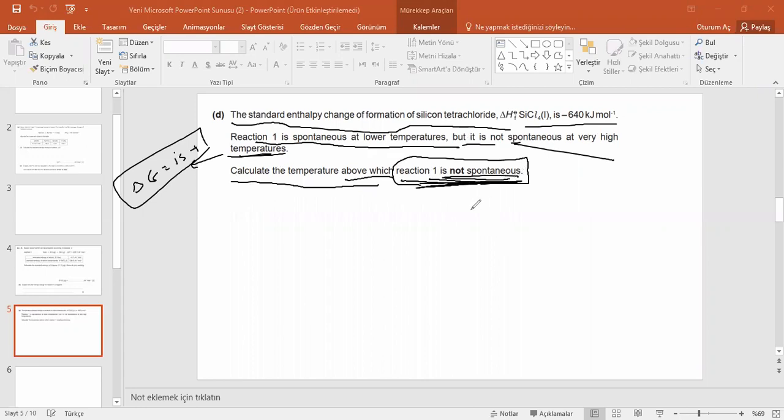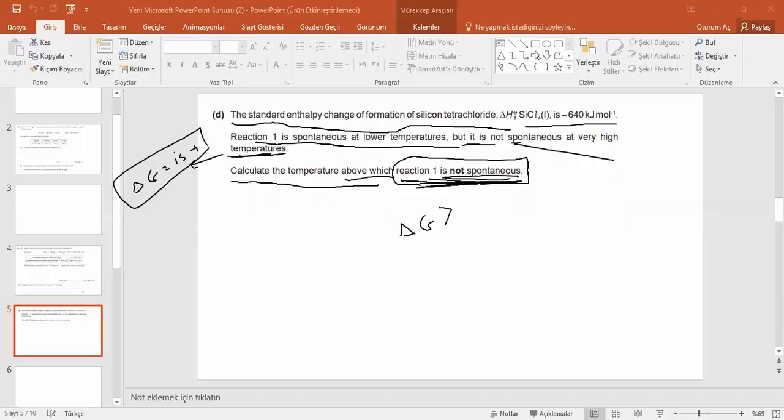Guys, what do you mean by not spontaneous? Not spontaneous means delta G is more than 0. This is what they mean by not spontaneous.